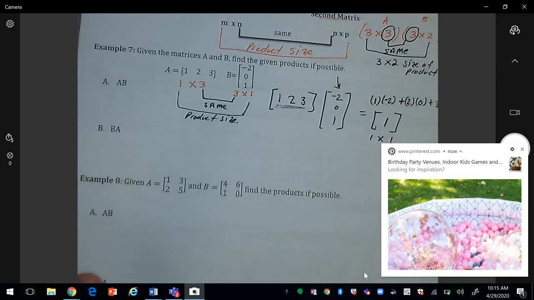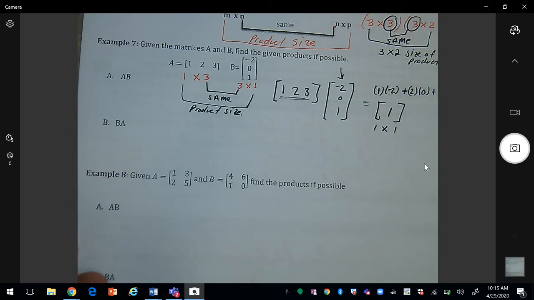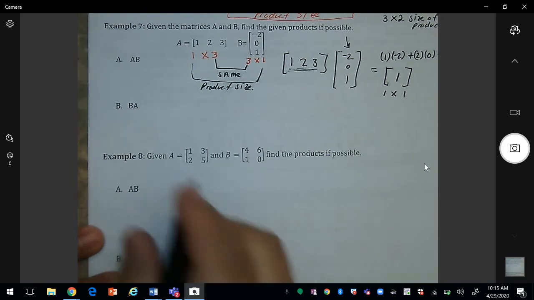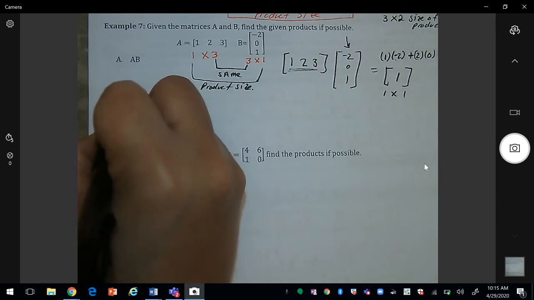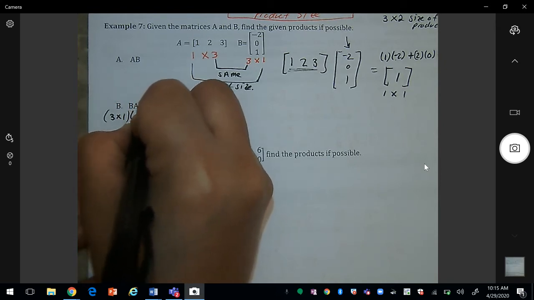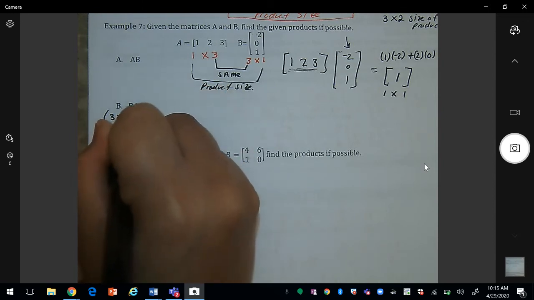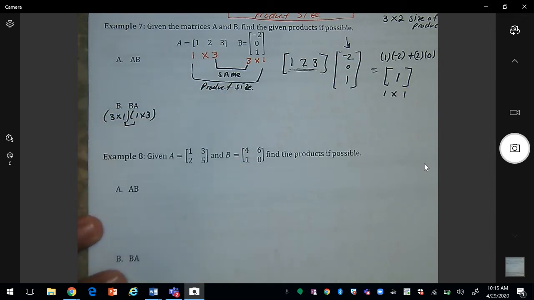Let's check letter B. So for letter B, the size of matrix B again is 3 by 1, and for A it is 1 by 3. So we can multiply because the inside numbers are the same.